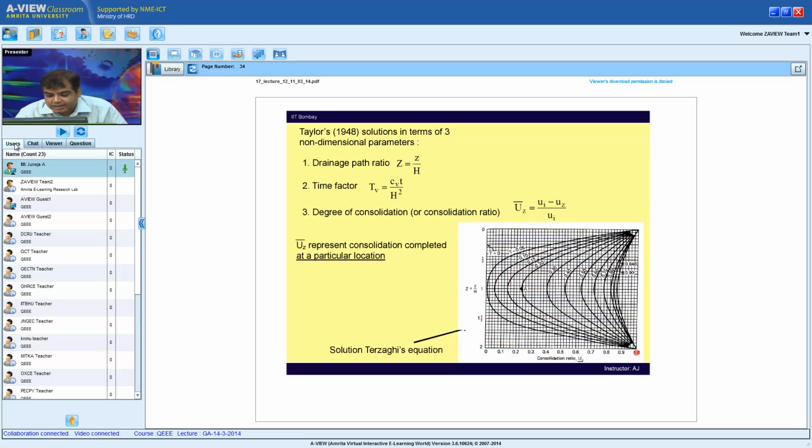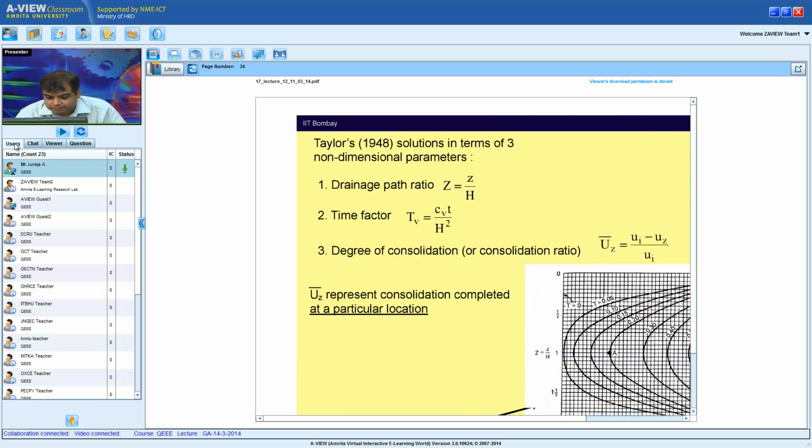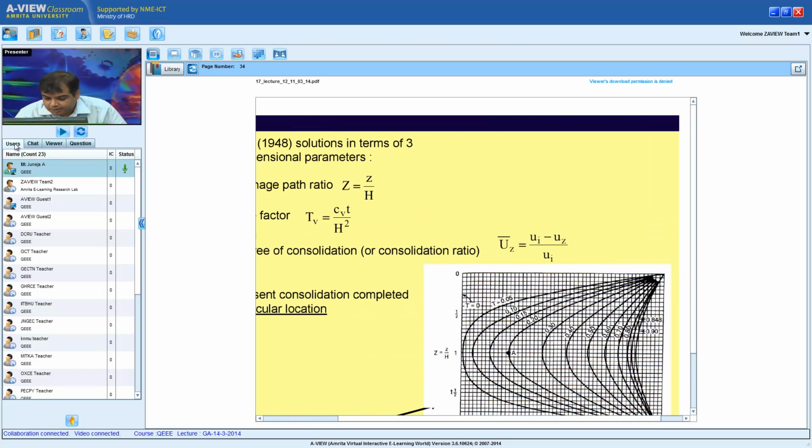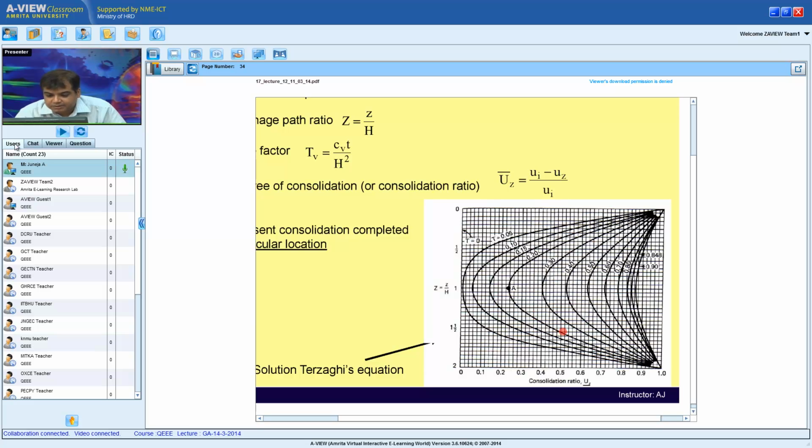The horizontal axis is the degree of consolidation, how much of consolidation is over. Let me just zoom in. That's the figure over there. I hope this is rather more clear. So the horizontal axis is consolidation, how much consolidation is over at any point.